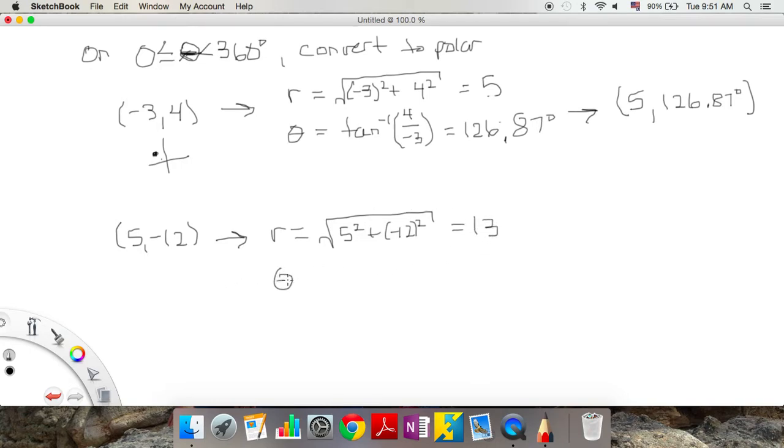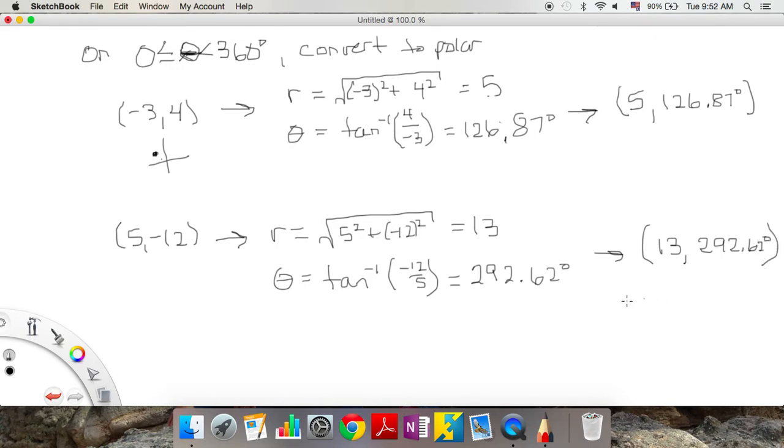And our theta, well, we know we're in the fourth quadrant, but we want our angle measures between 0 and 360. So we take the inverse tangent of -12 over 5, keeping in mind that we got a negative answer, so we take 360 minus that so we can get our fourth quadrant answer that we want, and we get 292.62 degrees, which means our polar coordinates are 13, 292.62 degrees. So that's rectangular to polar.